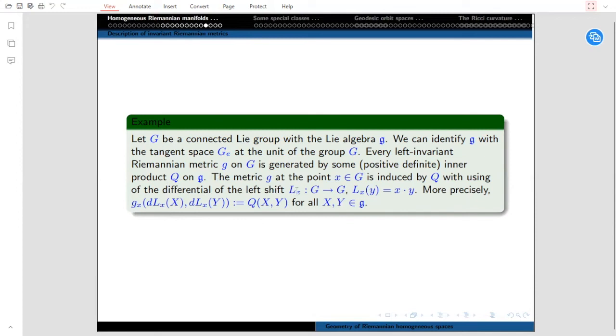Left shift: we simply multiply by the element x from the left, hence left shift, and the differential of this operation gives us the method to spread this inner product to the whole Lie group. It's very easy by definition, left invariance.